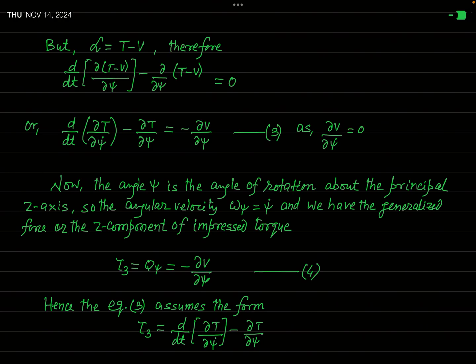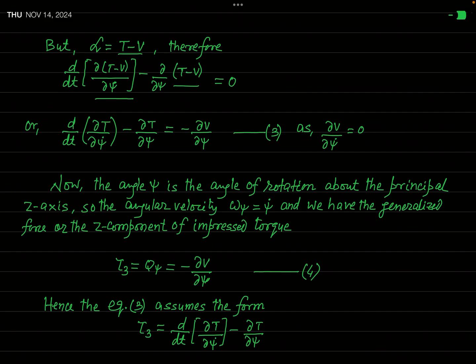So the Lagrange equation becomes d/dt (del (T minus V) by del psi dot) minus del (T minus V) by del psi, and that will be equal to 0.